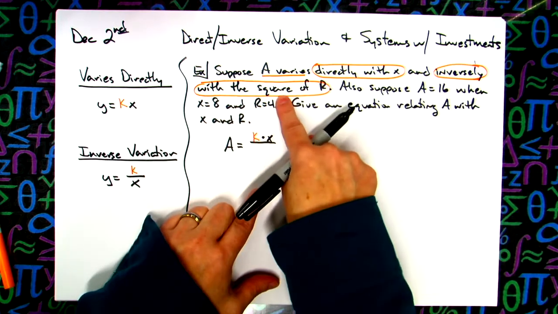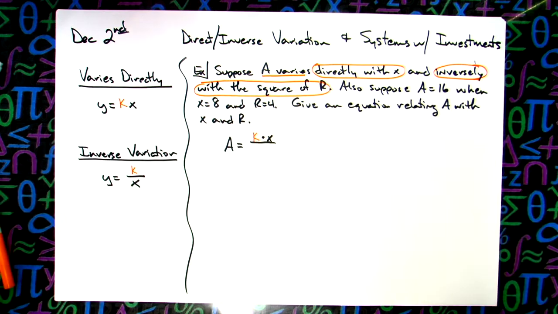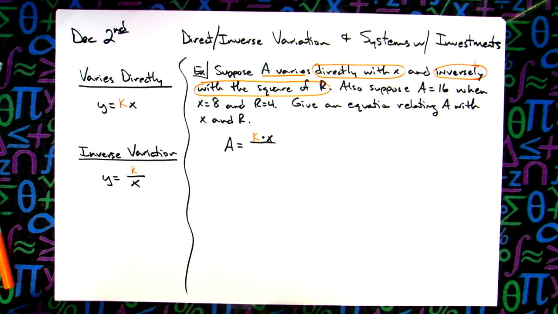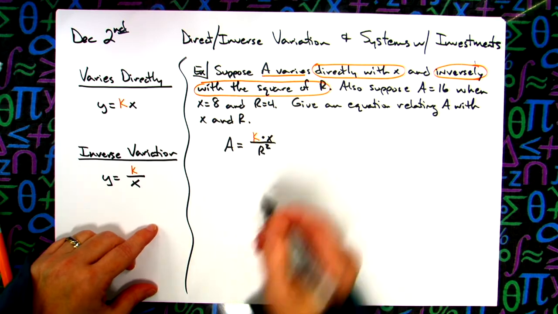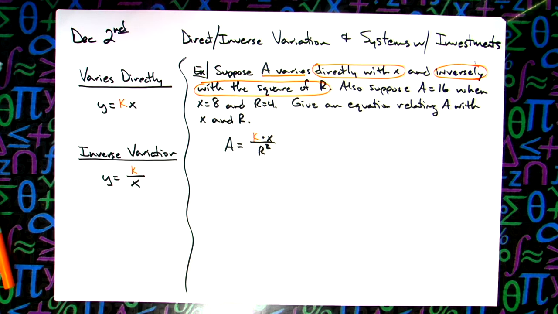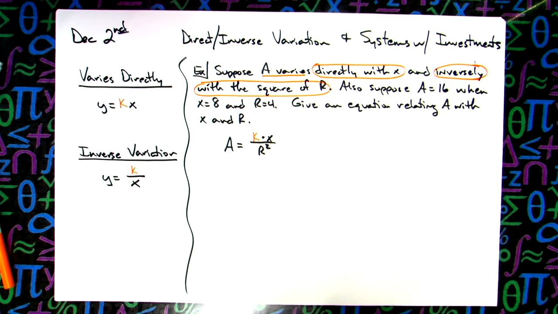Inversely with the square of R: when it varies inversely, it's divided by, so it'll be in the bottom, the square of R, so R squared. Did that make sense? If you've got both, might as well put k over in a great big fraction line, figure out what goes on the top, figure out what goes on the bottom.